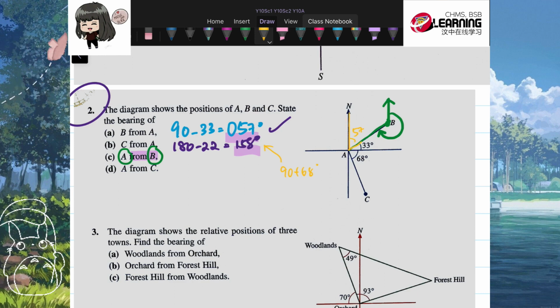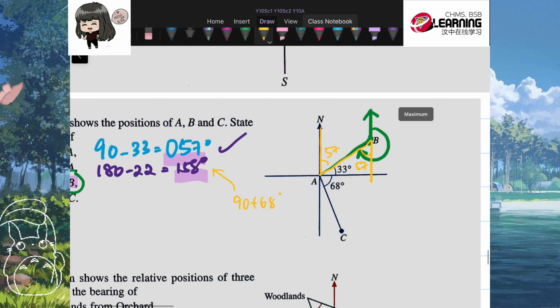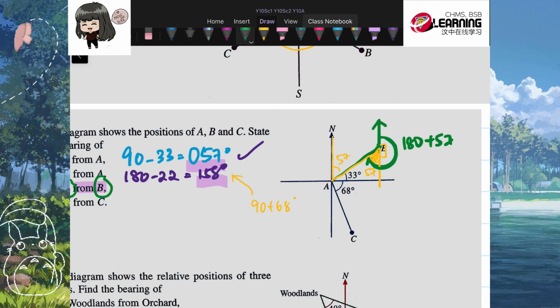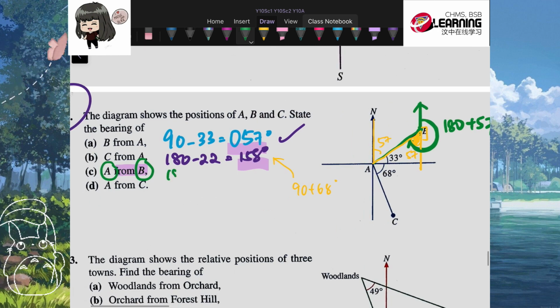So this is alternate angle. So this one is 57. So this whole bearing here will be made of 180 plus 57. So 180 plus 57, you get 237 degree.